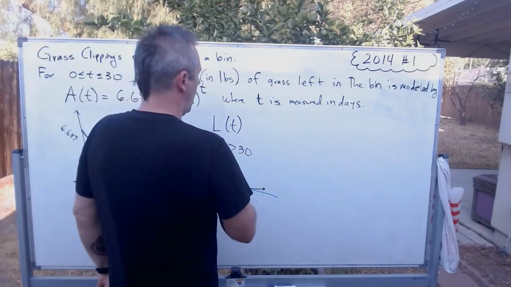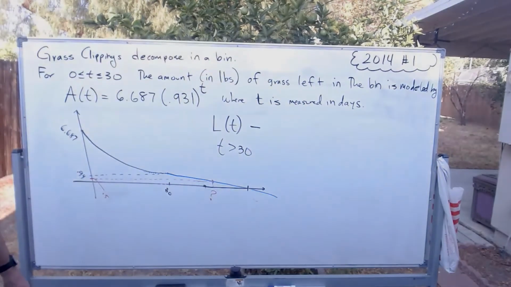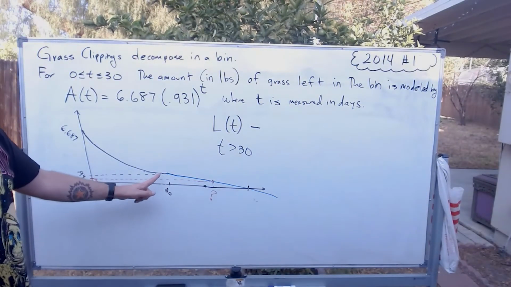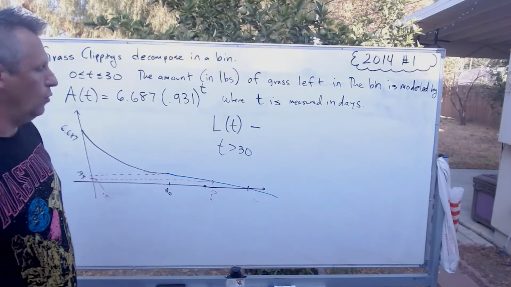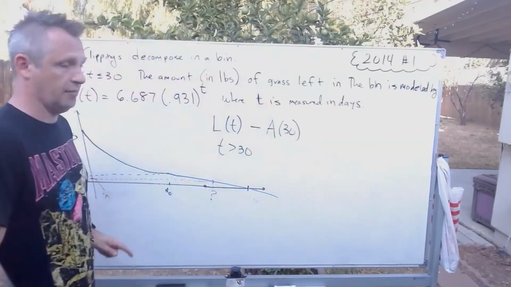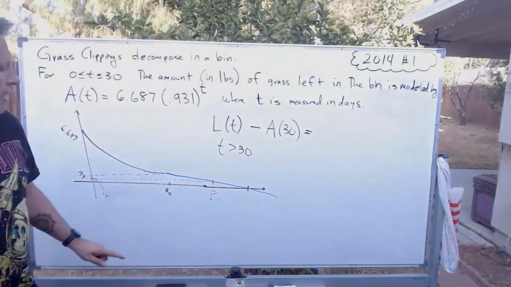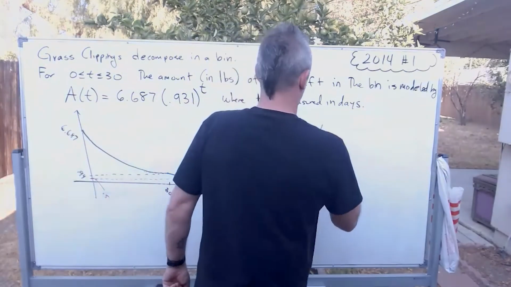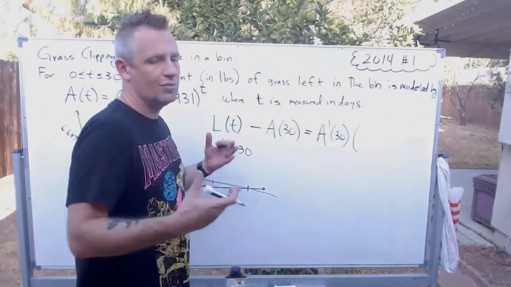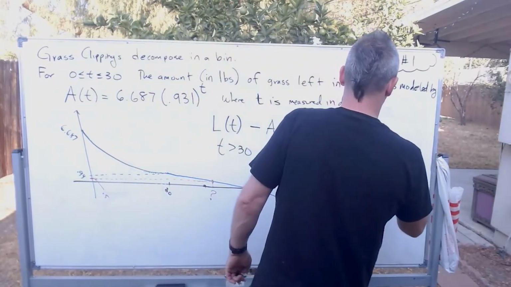So it's y, L of t, minus the y value at this point, which is A of 30, something like 0.9 or so, equals A prime of 30 times, usually I want to write x, but it's t minus 30.